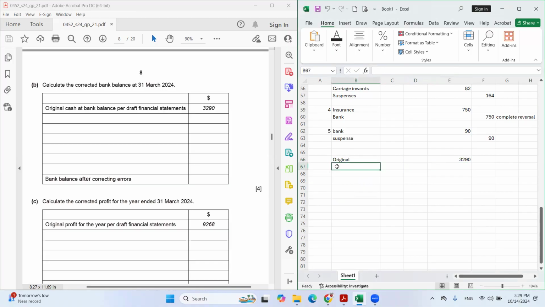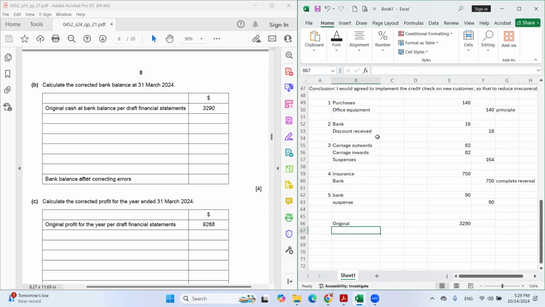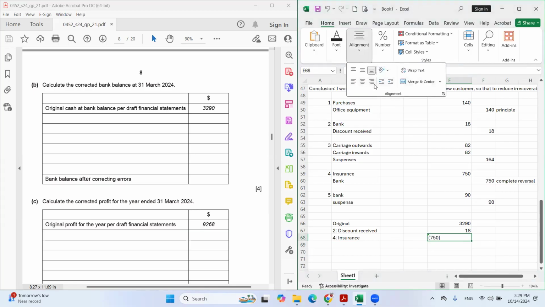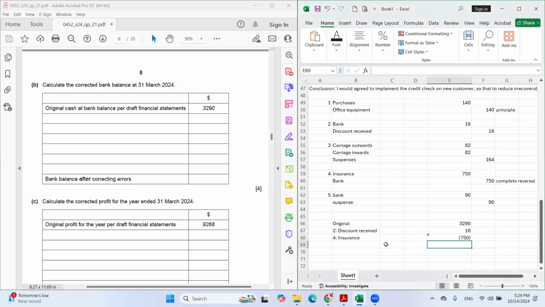3290. And then based on the errors, number 2 error, we have discount received, which is debit, means add. And then number 4, we have insurance account, but it's on the credit side, which means minus. But don't use a negative sign, put brackets for the calculation. So for the bank statement format, use the brackets.